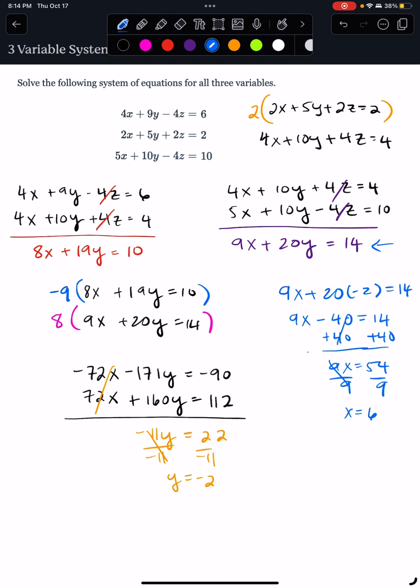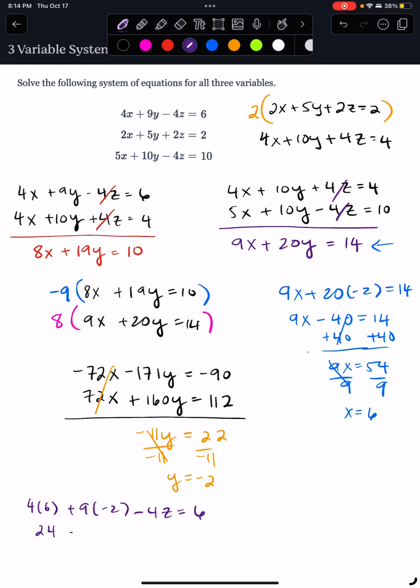And now the last step is we have x, we have y, we need to get z. So we can use any of the original equations to solve for z. In this situation, I'm going to suggest we just go with the first one. So we have 4 times x, which is 6, plus 9 times y, which is -2, minus 4z is equal to 6.